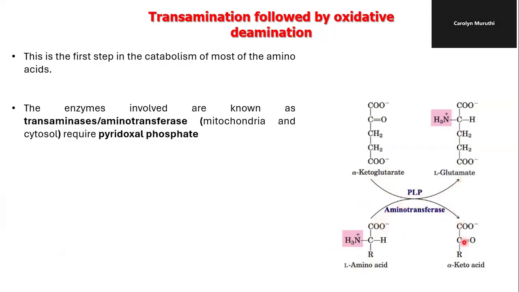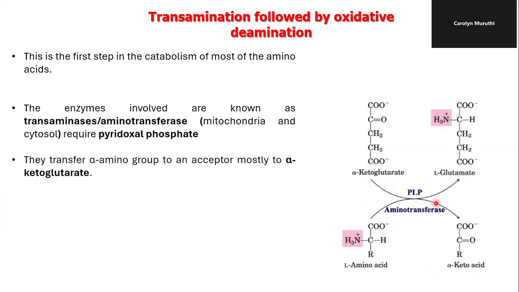And the resulting product after the removal of the alpha amino group is an alpha keto acid, also known as the carbon skeleton. And as we have said, this is catalyzed by enzymes known as aminotransferases and requires pyridoxal phosphate as a cofactor. So in most cases, we see that alpha ketoglutarate is the alpha amino group acceptor.